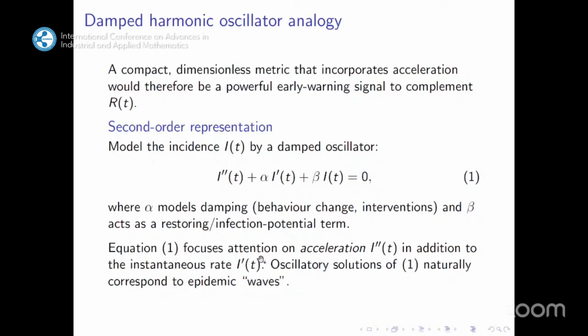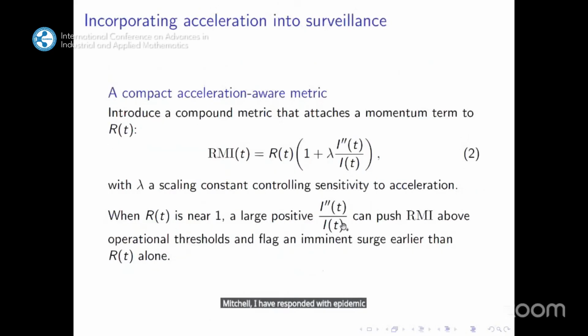Equation 1 focuses attention on acceleration in addition to the instantaneous rate of change, which is the one that would use the first derivative, with an oscillatory solution as the natural response to epidemic waves. So what we have now is what we call the RMI, which translates this theory into a practical surveillance tool.